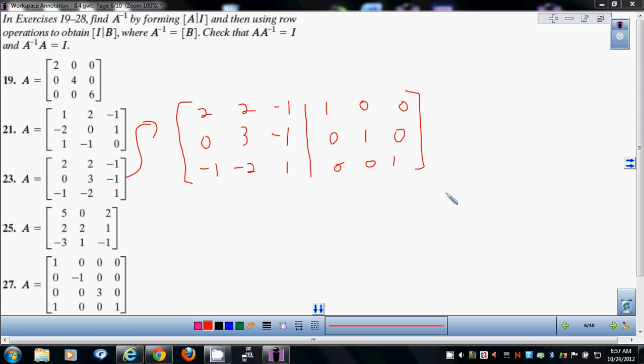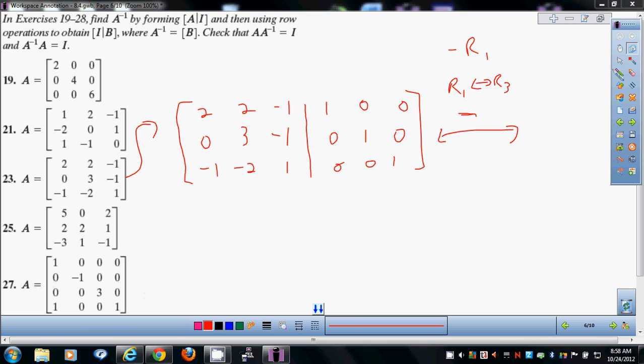Yeah, just switch row 1 and row 3, and I'm going to actually make this negative, this whole row. That way this will be a positive 1. So we're going to switch row 1 and row 3, and I'm going to make row 1 negative. That way it'll change the sign all the way across.